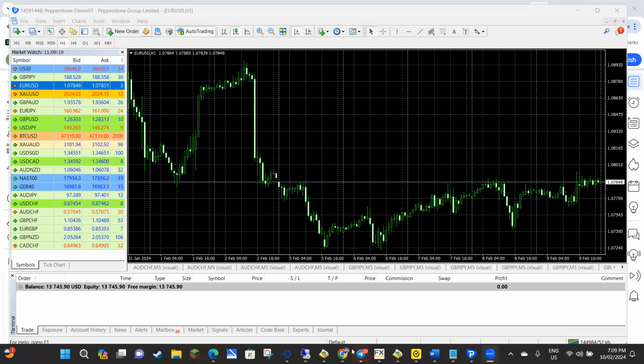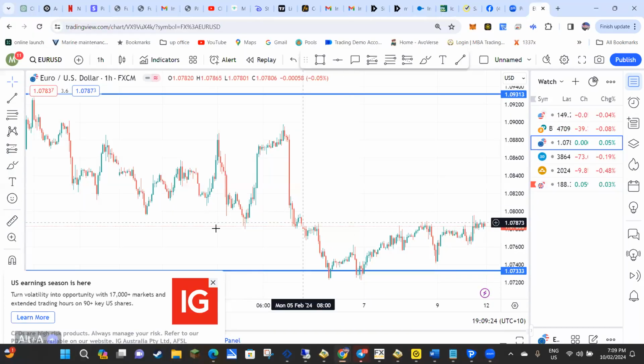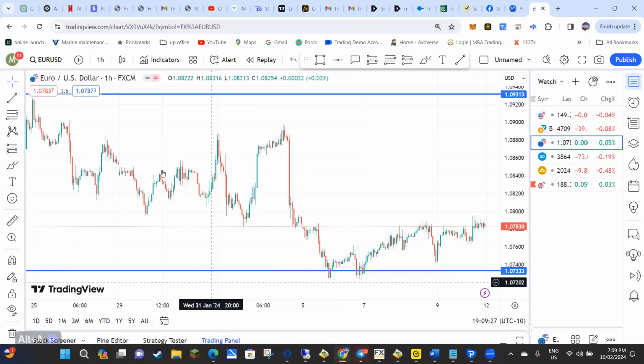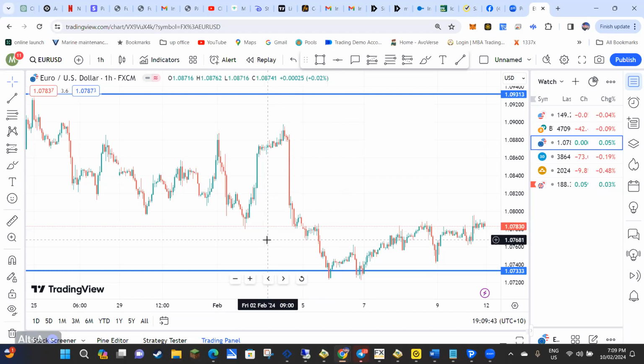And then there's another platform that you really need to be familiar with, and this is TradingView. You can do your trading directly from here if you've got a specific type of trading account with a fair few different brokers, which is very handy, and we'll probably get into that in the future. But for now, we'll just look at the MetaTrader 4 platform for actually doing the trading.